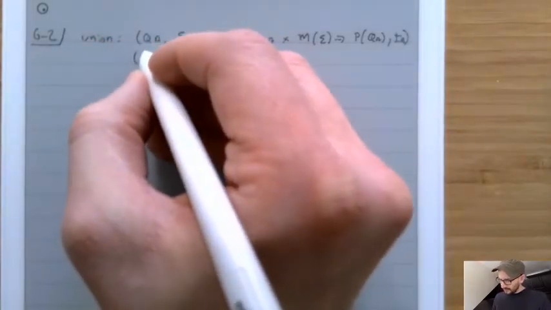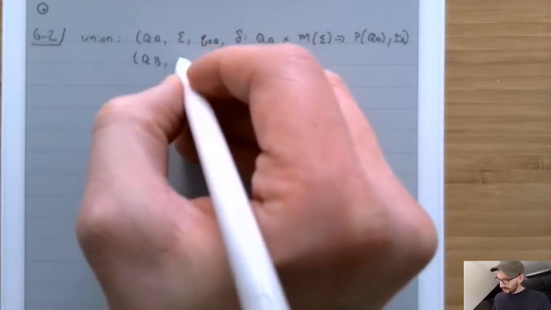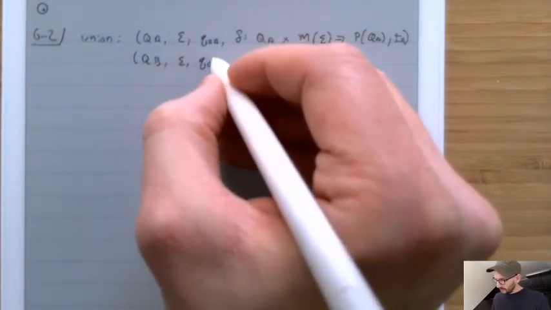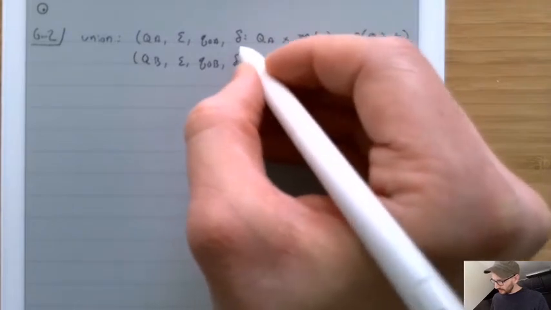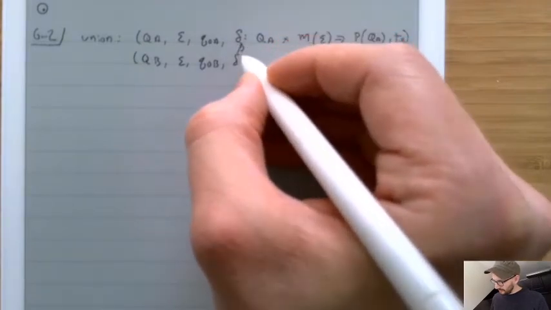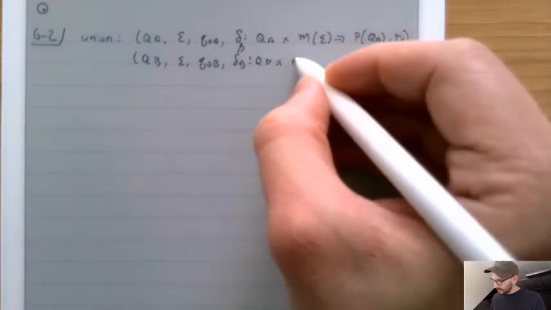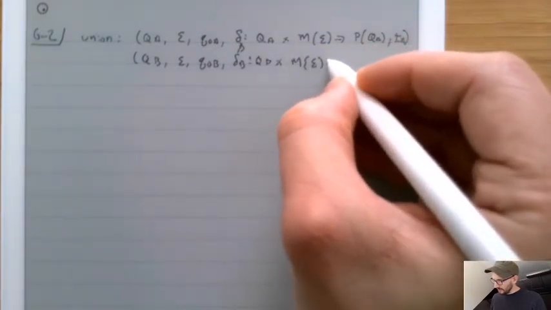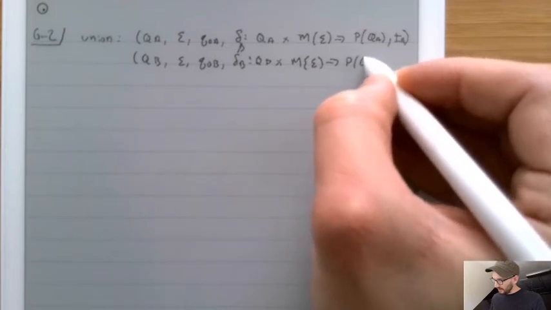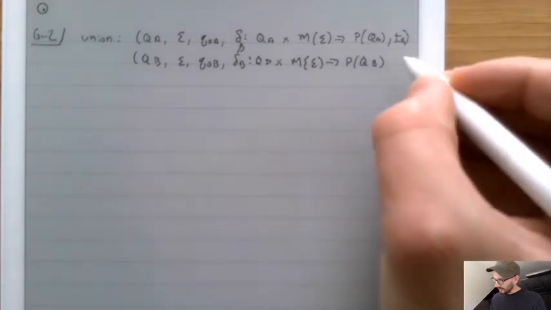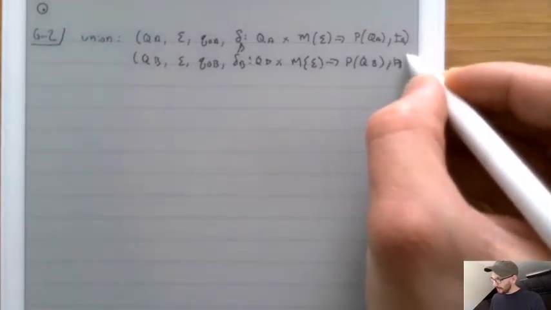It also takes QB, sigma, Q0B, delta A, delta B. So QB cross maybe sigma, arrow P, QB, FB.